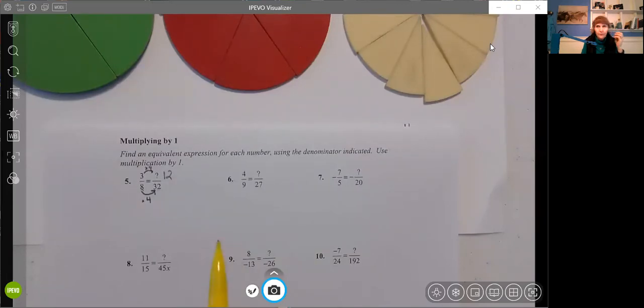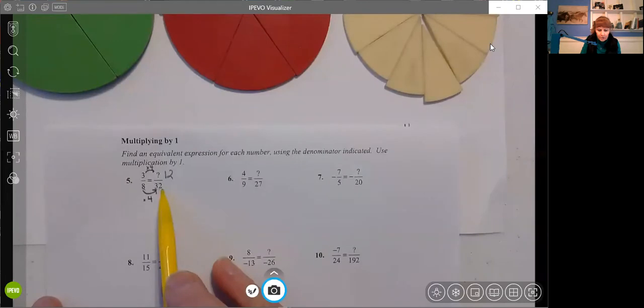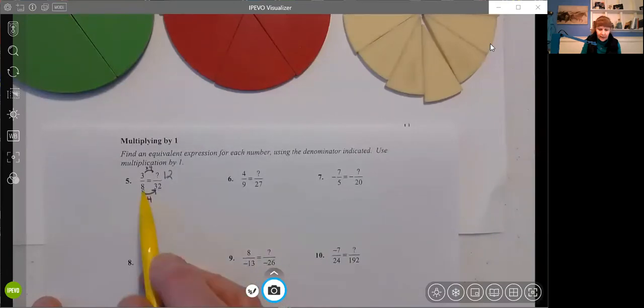So 12/32nds is the same as 3/8ths. It's the same amount. Just that once these pieces are smaller, so I know I'm going to need more of them. These are smaller pieces, so I'll need more of those than I do the 8ths. 8ths are larger pieces, and I only needed 3 of them.